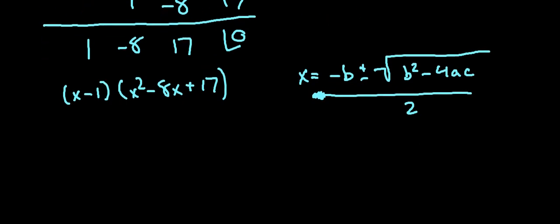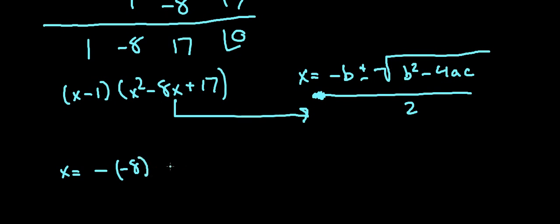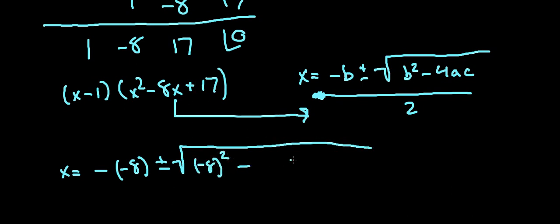So now I'm going to fill in this formula. X is equal to negative b, which is minus 8, plus or minus the square root of b squared, which is minus 8 squared, minus 4ac. I forgot to put the 4 in there. 4, a is 1, c is 17.